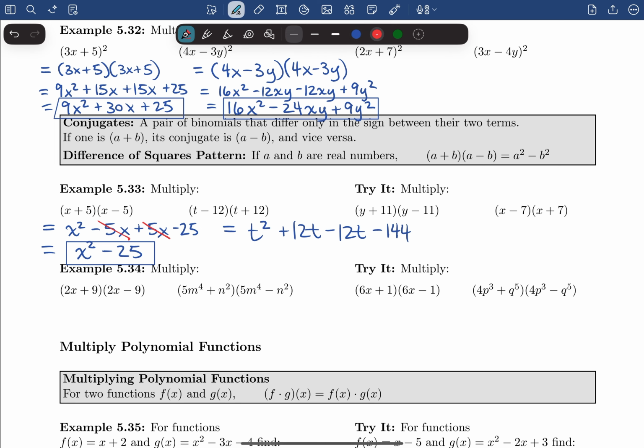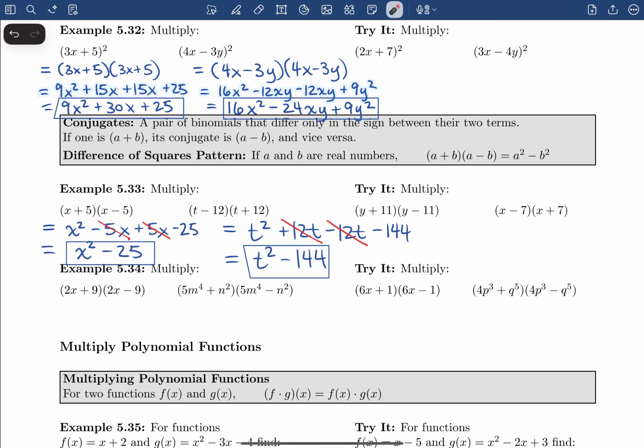Once again, we notice the outer and inner terms are the same value with the opposite sign, so they cancel each other, and we get t squared minus 144, which is exactly what we would expect from this factoring pattern. So t plus 12 times t minus 12 is just t squared minus 12 squared. Done.